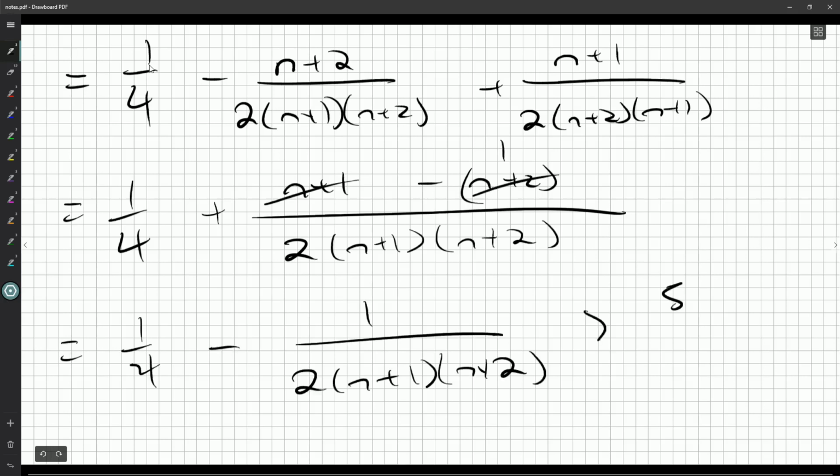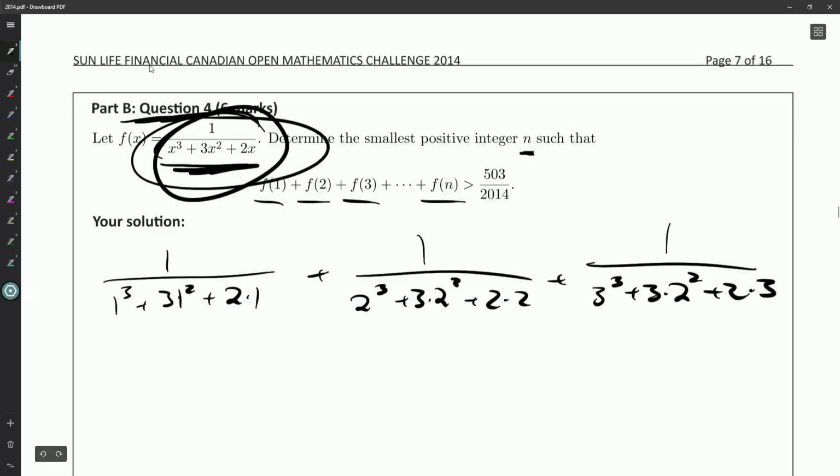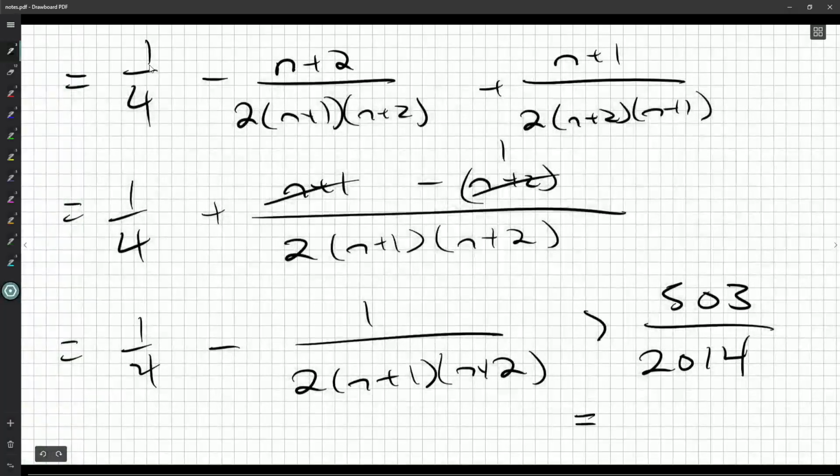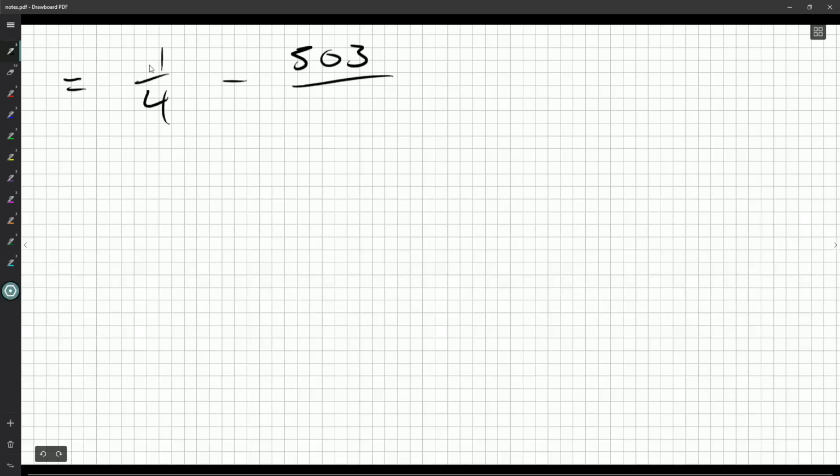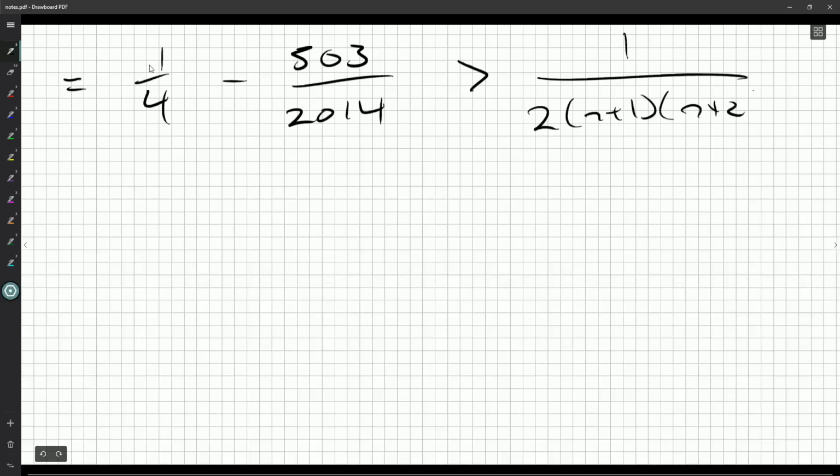And I want this to be bigger than 503 over, I think it was 2004. It's the year of the contest, right? Yeah, 503, 2014, which itself is... Oh, rats! You can't get a quarter of 2014. But we could say 1/4 minus 503 over 2014 has to be greater than 1 over 2 n plus 1 n plus 2.